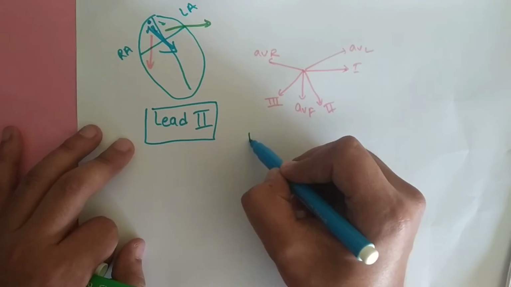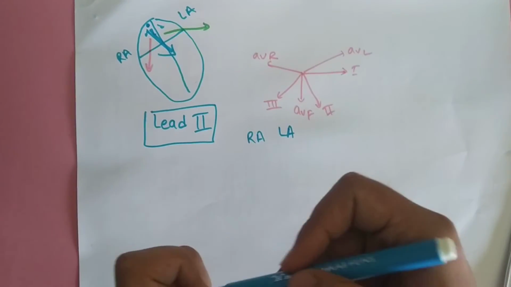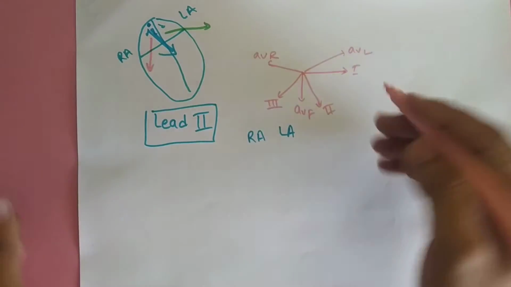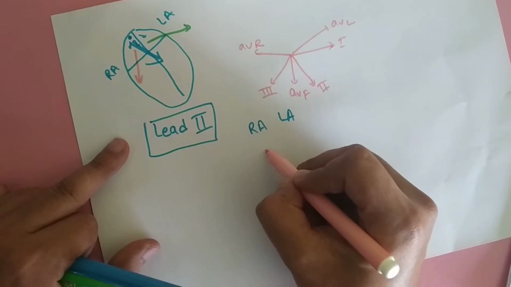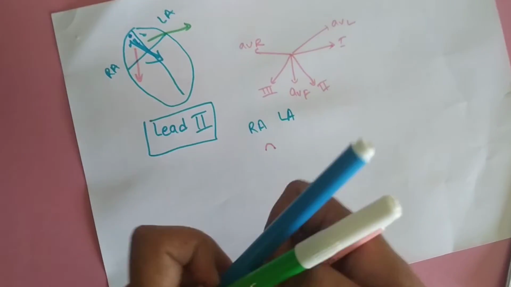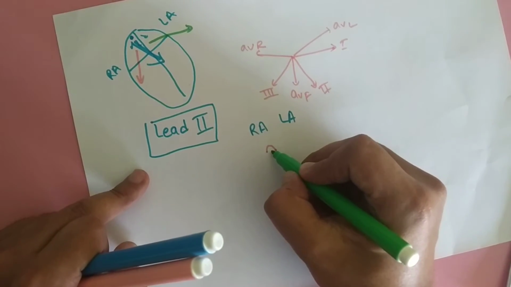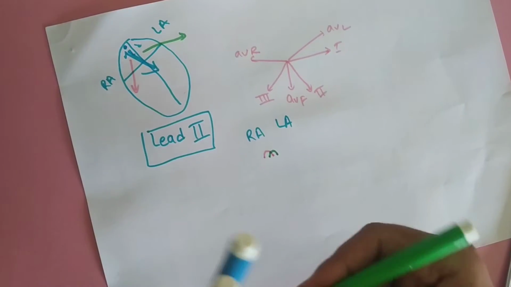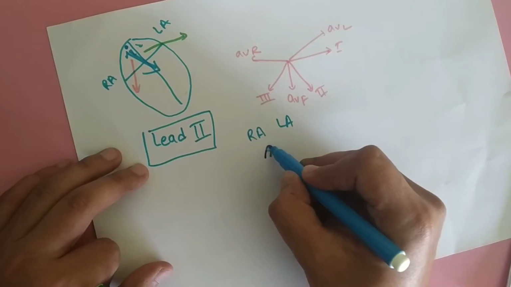Suppose this is your right atrium and this is your left atrium. When there is right atrial depolarization, it is represented like this, and left atrial depolarization is represented like this, and its resultant in the ECG is seen like this.